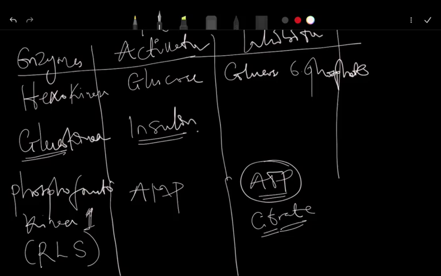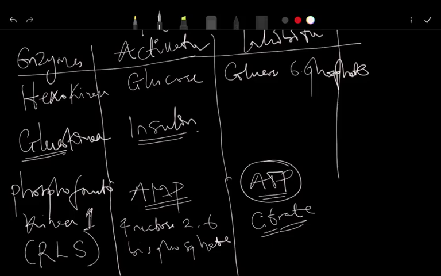But apart from AMP, there's one powerful activator of this PFK1 enzyme. Hello, are you there? There's one powerful activator of this PFK1 enzyme that is called what? Fructose 2,6-bisphosphate. Please, even if you forget ATP, even if you forget AMP as an activator, please don't forget this.